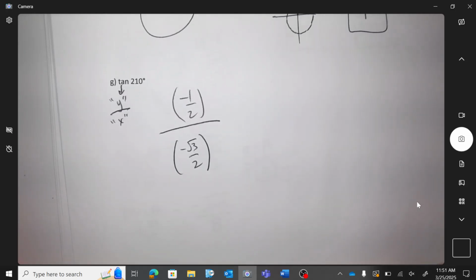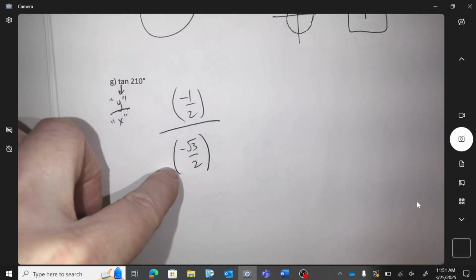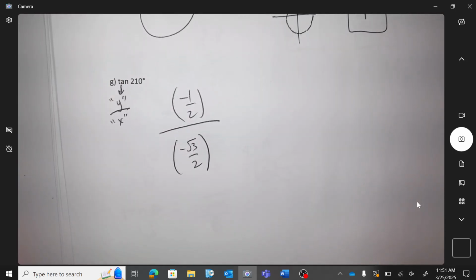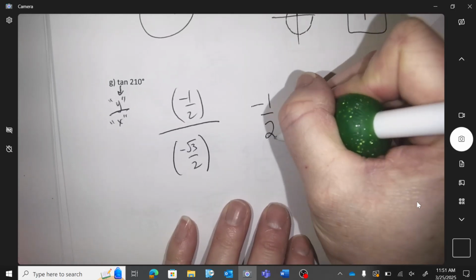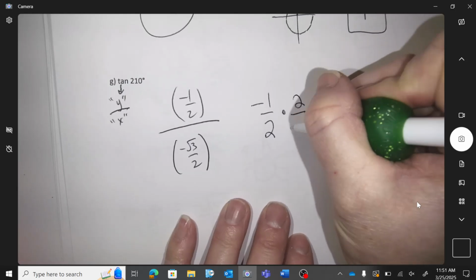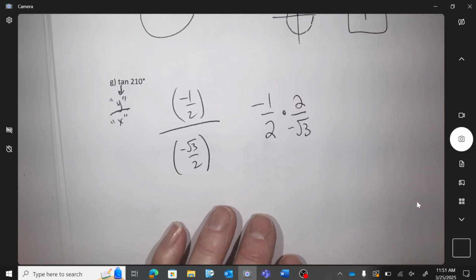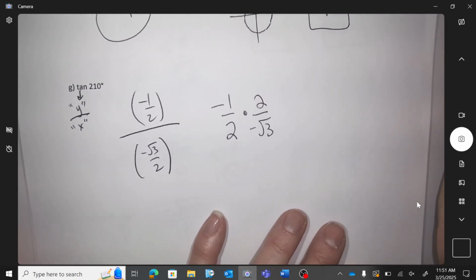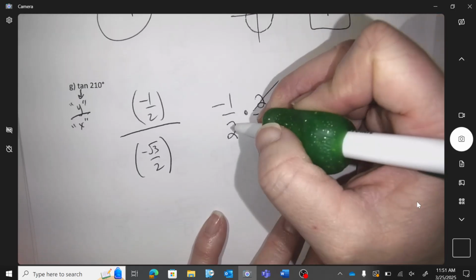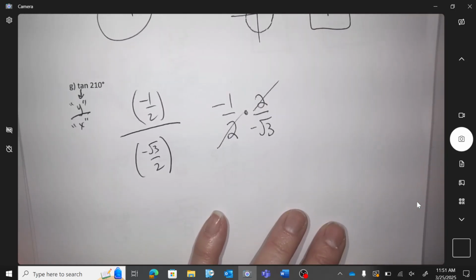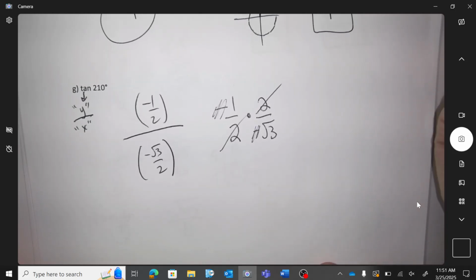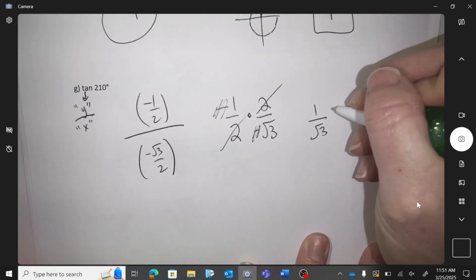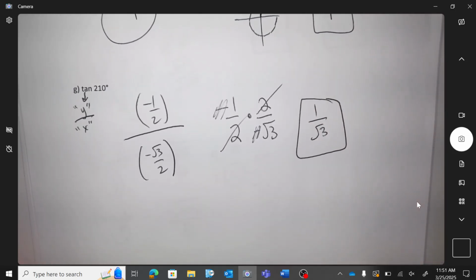What do you think? Positive, because this is a negative and then this is a negative, so that would divide to be a positive answer. What do I do with fraction math? Times flip. The 2's can disappear. We just said the negatives would also cancel. And there's my answer.